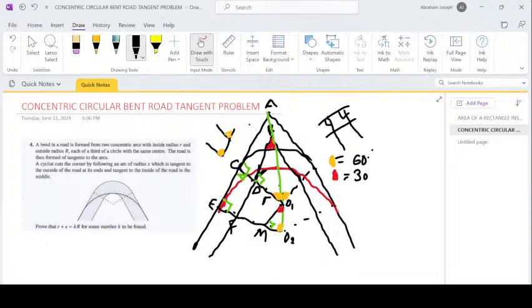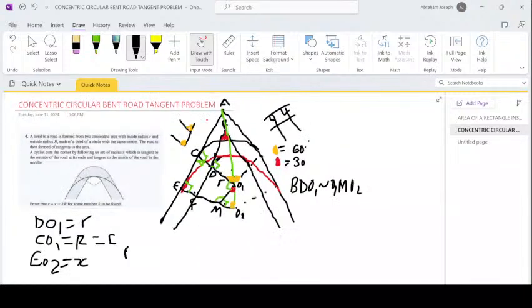So consider triangle BDO1, which is similar to the triangle, with opposite sides of a rectangle. So MO2 will be EO2 minus EM, which is X minus big R.